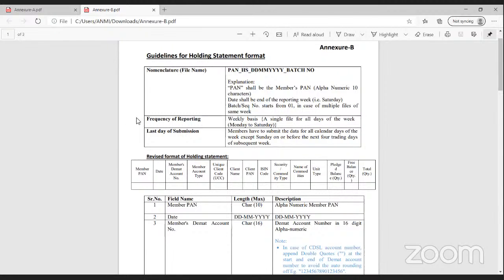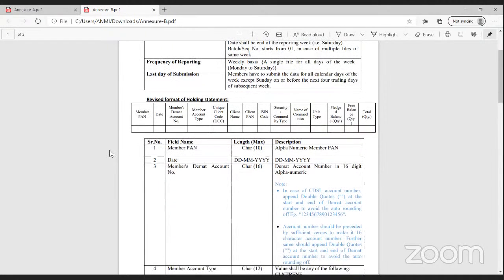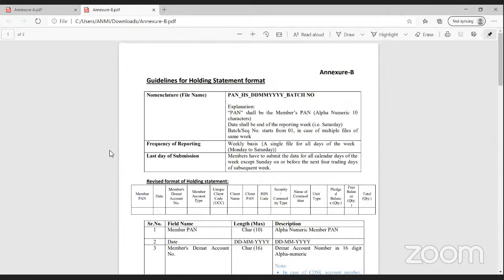I think rather than discussing this, we should kickstart the question answer session, so that we will be able to resolve any questions that the members currently have. We already had one of the discussions with our back office vendors also, because they are ultimately the persons who will be building the infrastructure, so they should be well versed with this format and know the nuances.